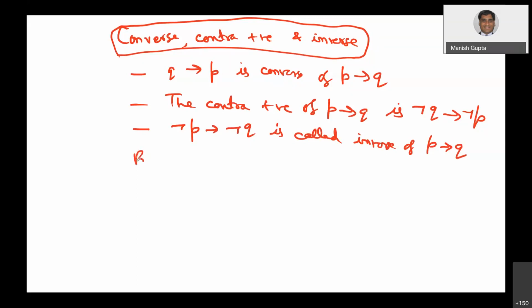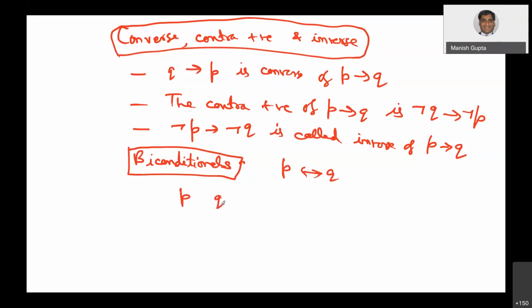Next come biconditional statements. What are biconditional statements? P if and only if Q. This is the proposition. So I can make the truth table for this: P, Q, P if and only if Q. If P is true and Q is true, P if and only if Q is true.